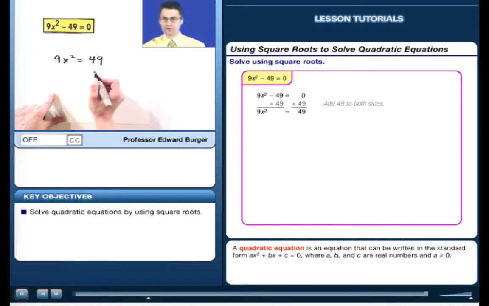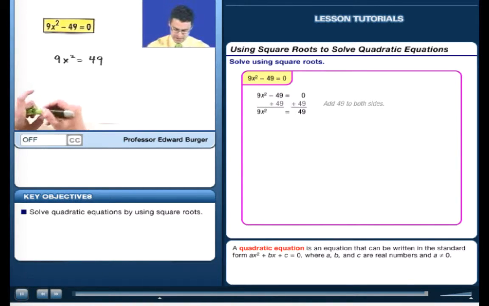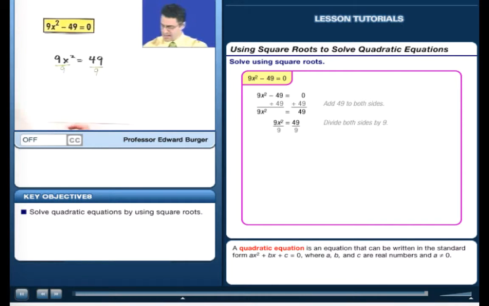And then I'll divide both sides by 9 to undo the multiplication by 9. And what I see is x squared equals 49 over 9.